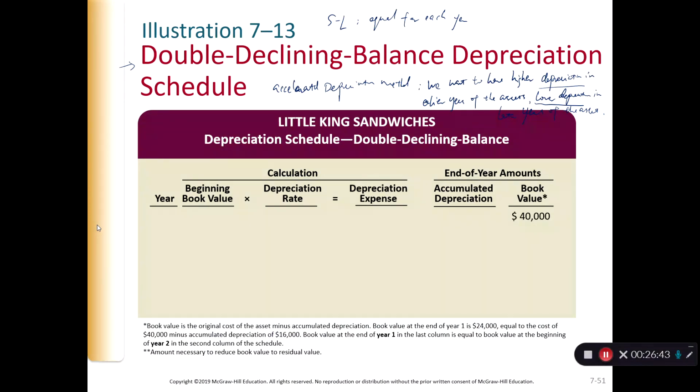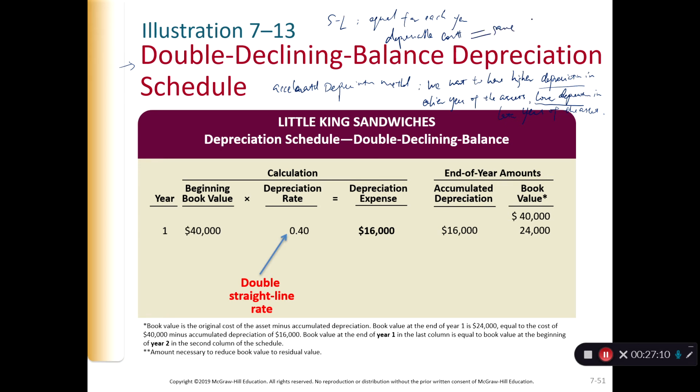No matter what allocation method is used, the total depreciation over the asset's life will be equal to the depreciable cost. So no matter whether you use the straight line method or the double declining method, the depreciable cost is always the same.